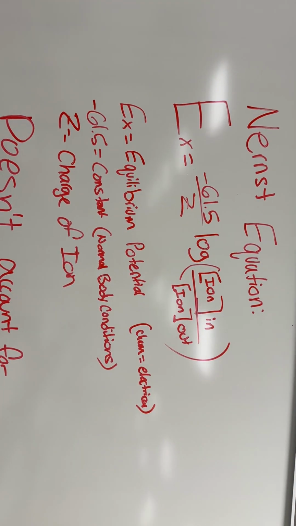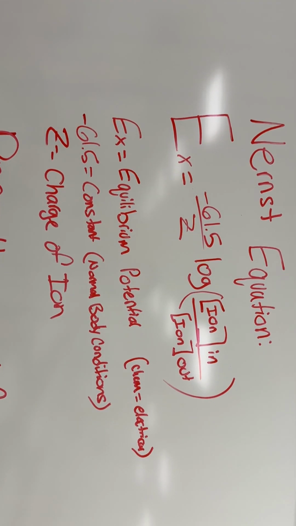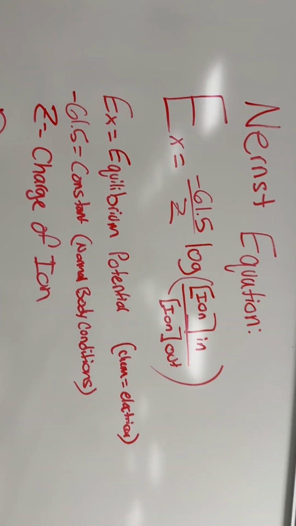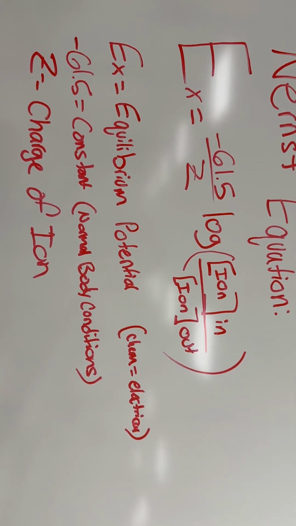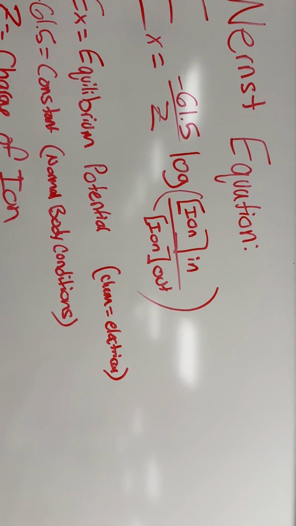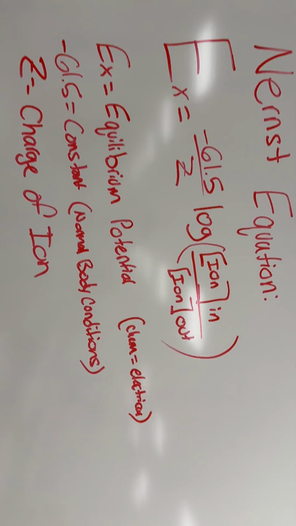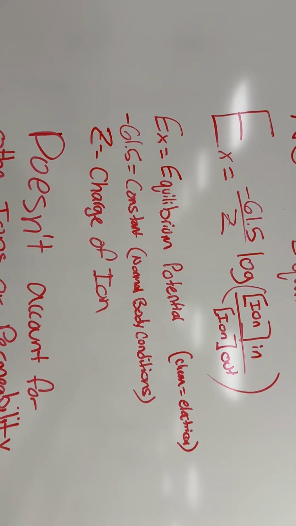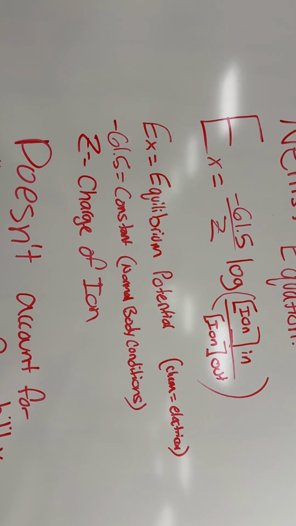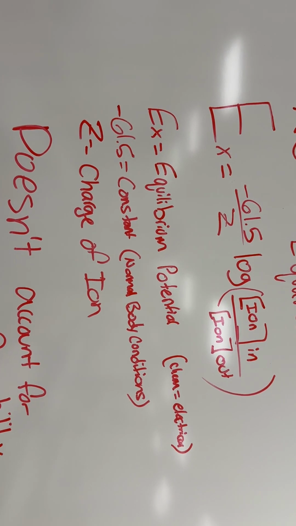It is equal to negative 61.5 over Z times the log of the ion concentration inside the cell divided by the ion concentration outside of the cell. The negative 61.5 is just a constant that represents normal body conditions like temperature.